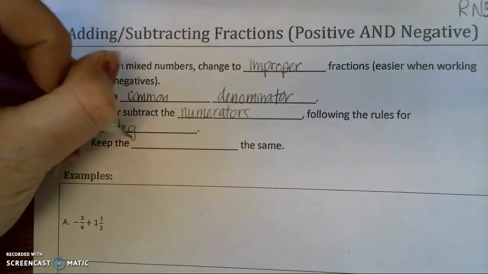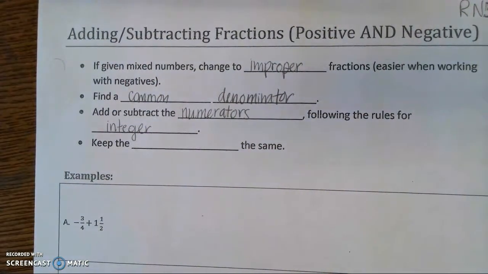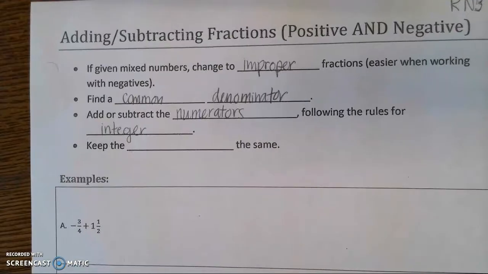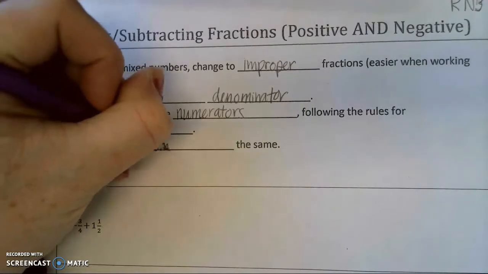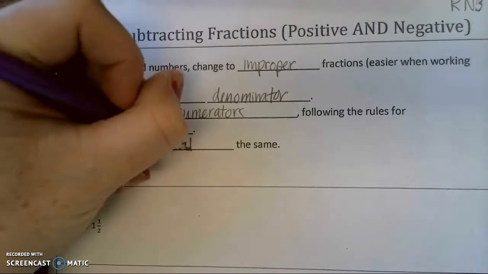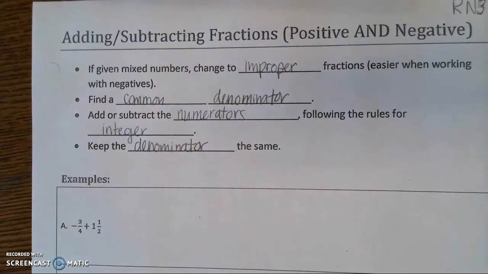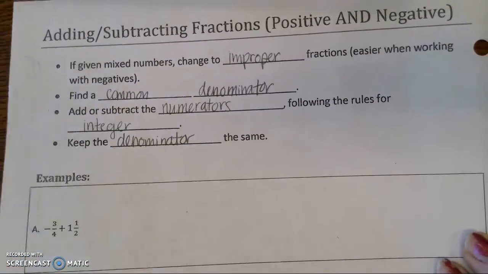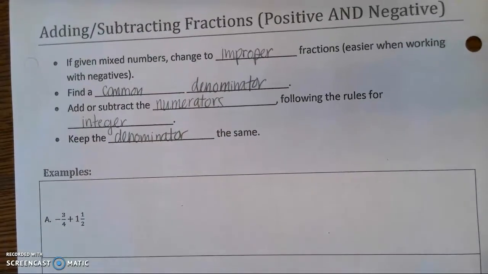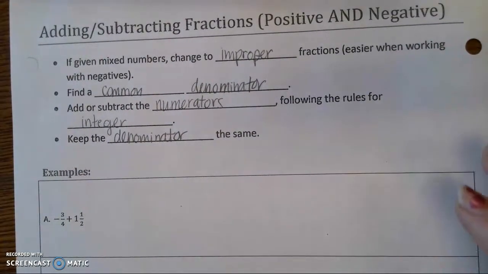So think about what we know about adding and subtracting positive and negative numbers, and you're going to follow those same rules. And then the last part, you're just going to keep the denominator the same. So once you change it to get that common denominator, you are going to keep it the same throughout the entire problem, unless you are reducing it at the very end.